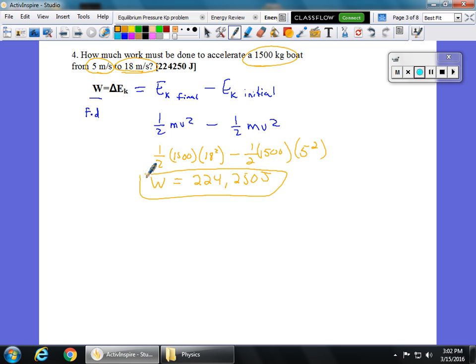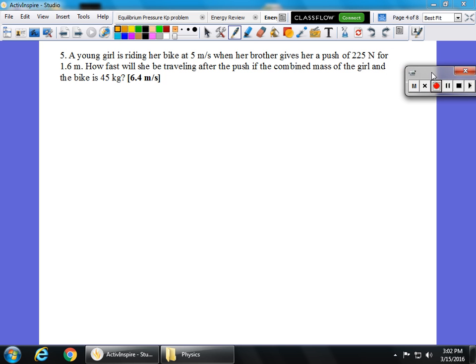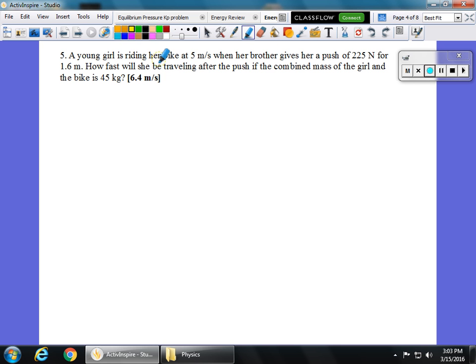Okay? Now we're going to apply that to our next problem, which involves a girl riding her bike. And she's going to be getting a push. The push is going to be changing her energy. It's going to make her speed up. So in the problem, it says a young girl's riding her bike at 5 meters per second. She has some initial velocity.